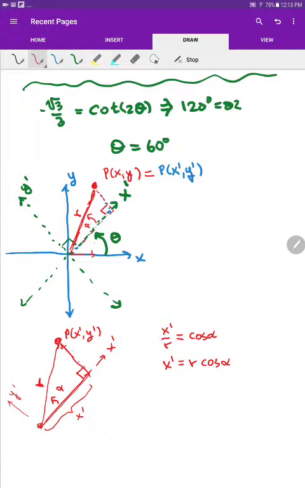Likewise, we're going to have this y prime distance, and y prime is going to end up being r sine of alpha.